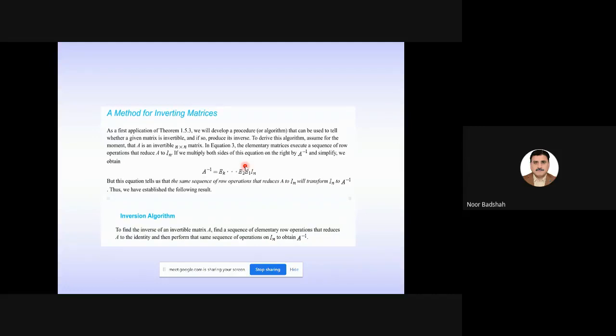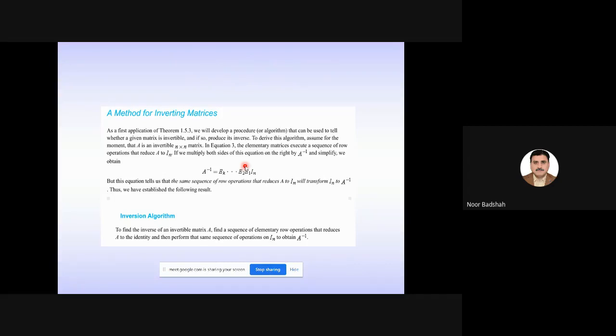Now, how do we find inverse of a matrix? By using those elementary matrices or elementary row operations. I explained it earlier that we augment the given matrix with identity matrix, and then we convert it into echelon form, reduced echelon form, obviously.